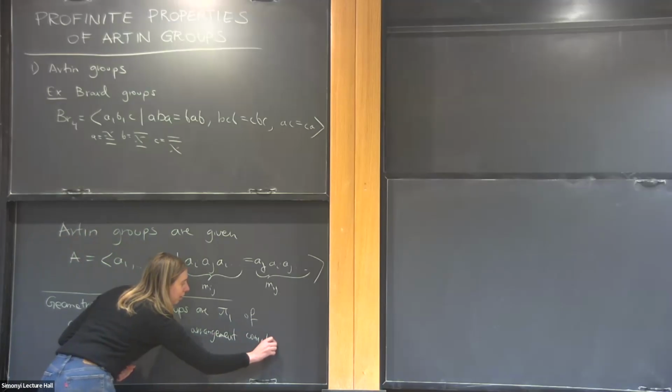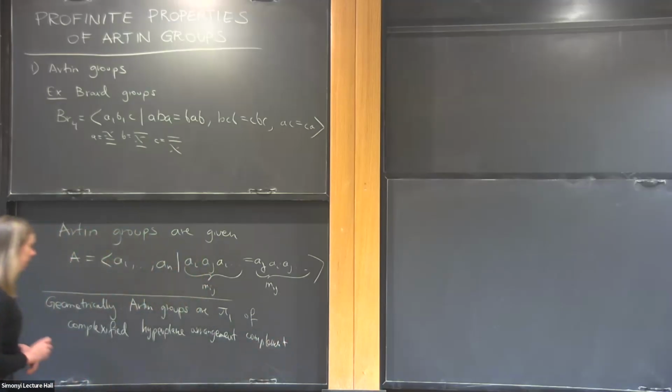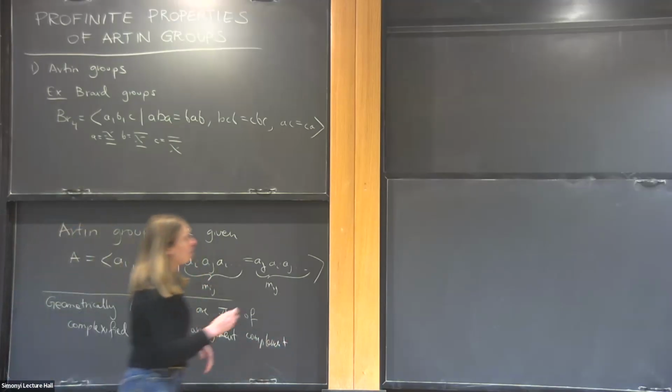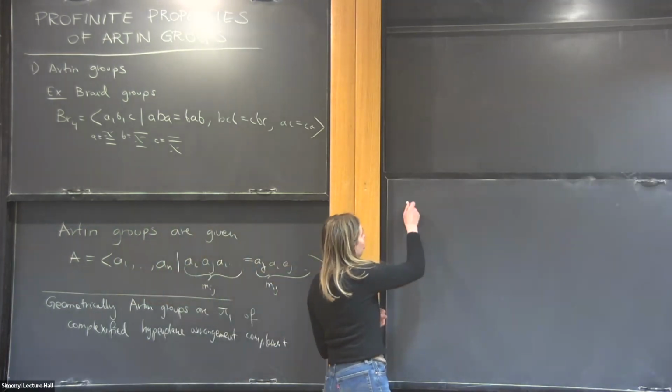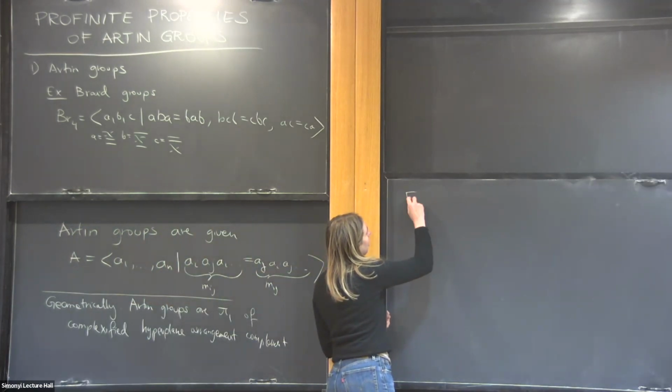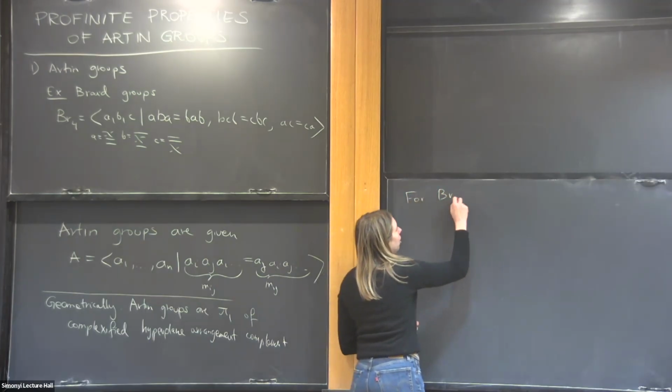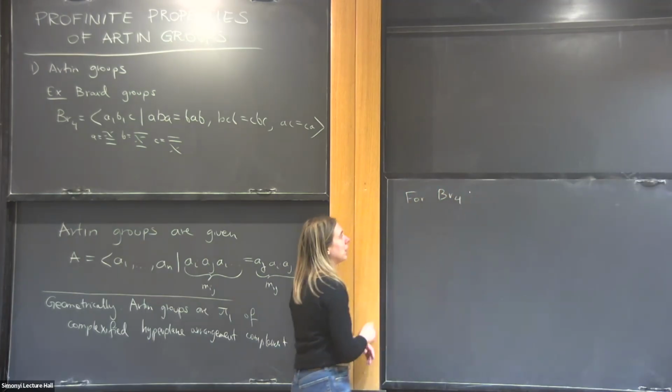And I believe this is how they were first defined. Maybe I'll just give you an example for the braid group, and you can imagine how it generalizes. So I'll write it here, the braid group on 4 strands.